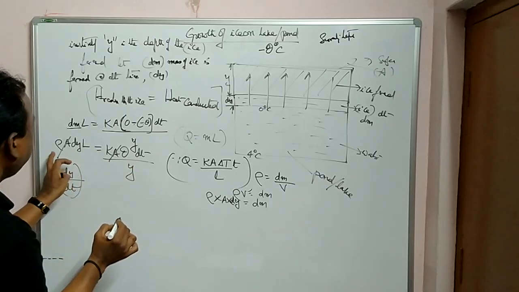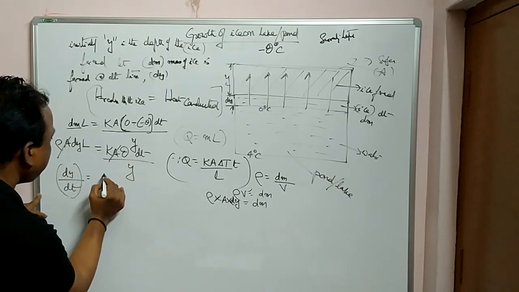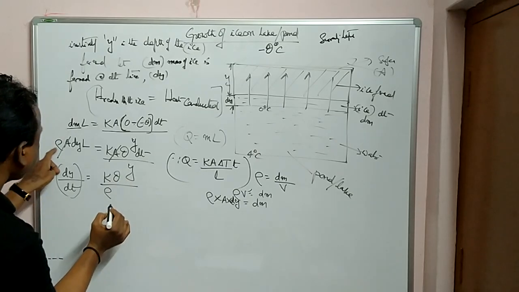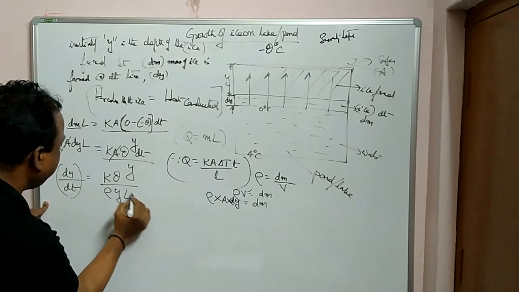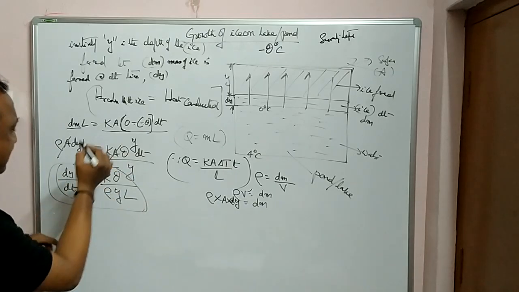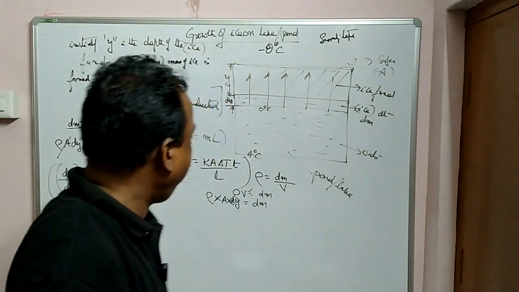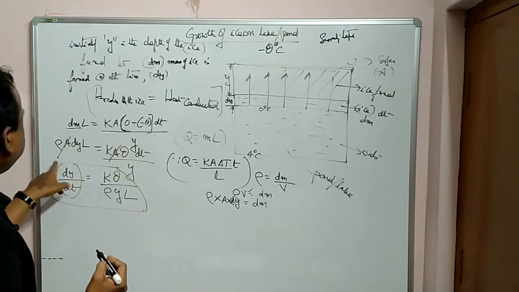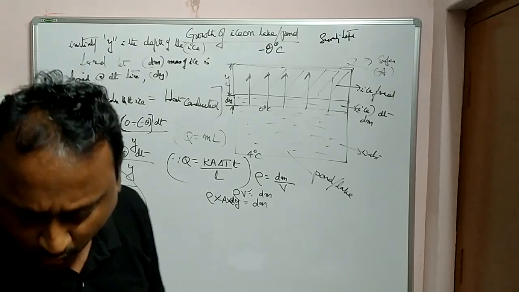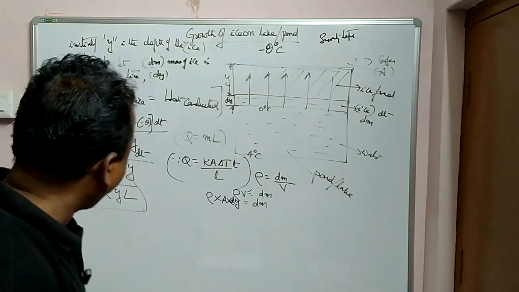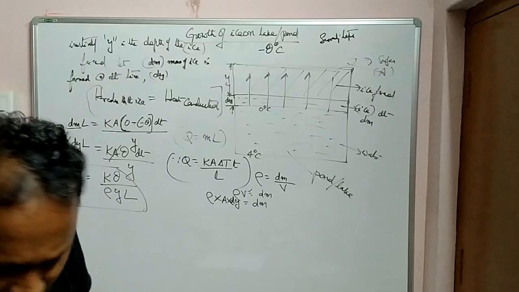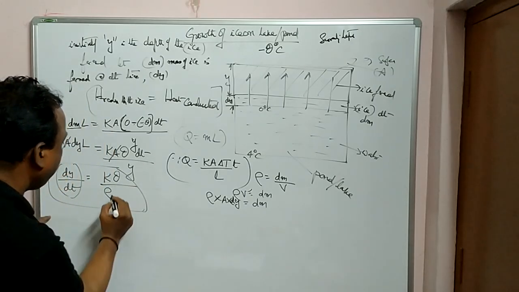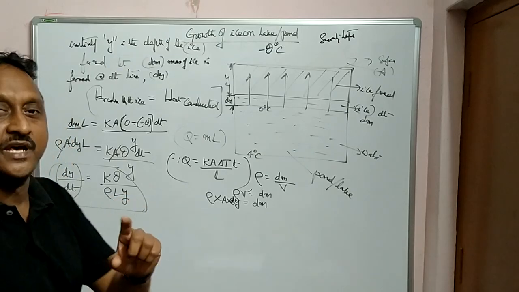Then what is left? On top K theta, below rho y L. Observe carefully. dy by dt is equal to K theta by rho y L, or rho L y, anything is right.